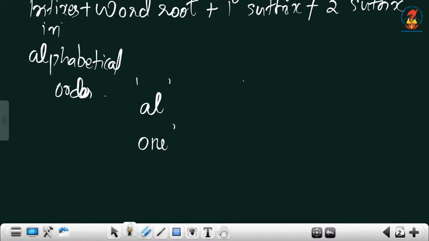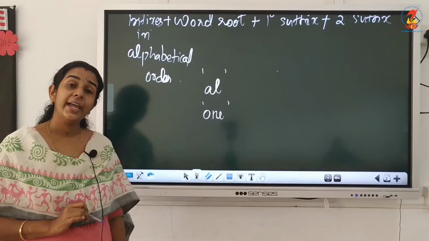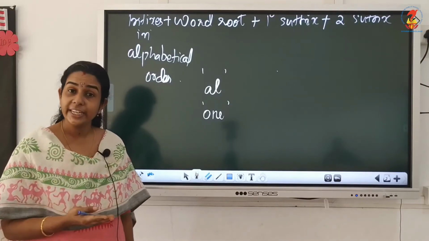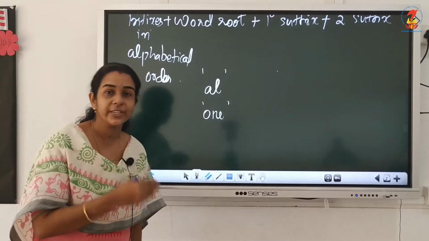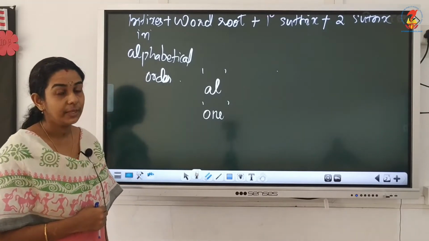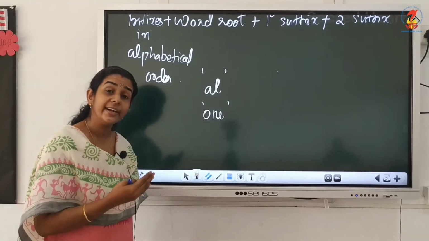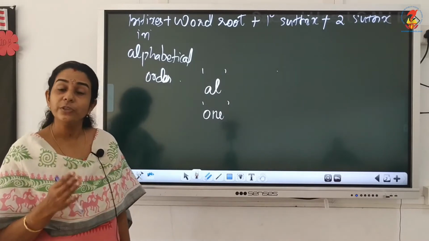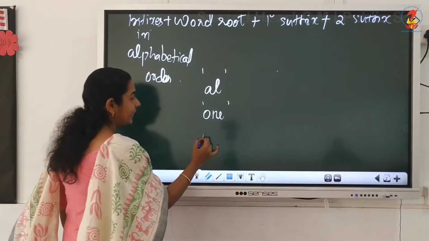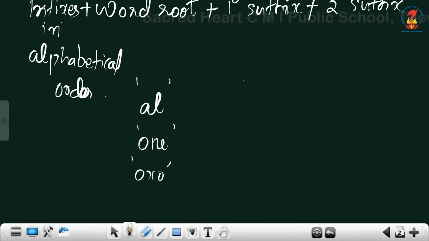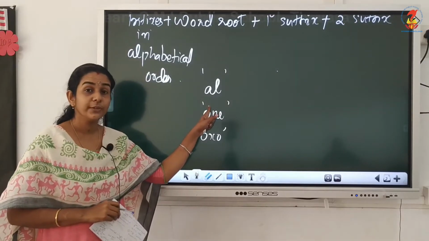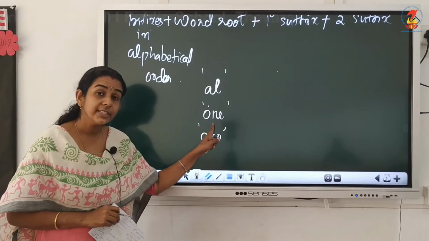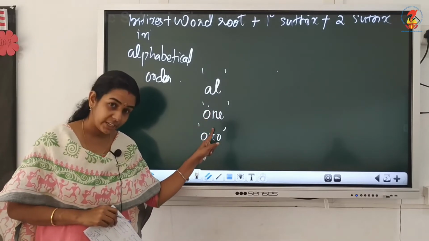Yes, it is one. And when aldehyde and ketone come as prefixes, for both we use the same prefix, that is oxo. So remember, al is the suffix for aldehyde, one is the suffix for a ketone.